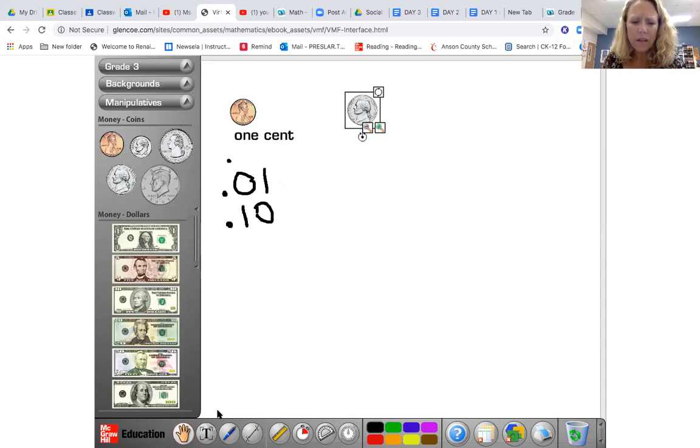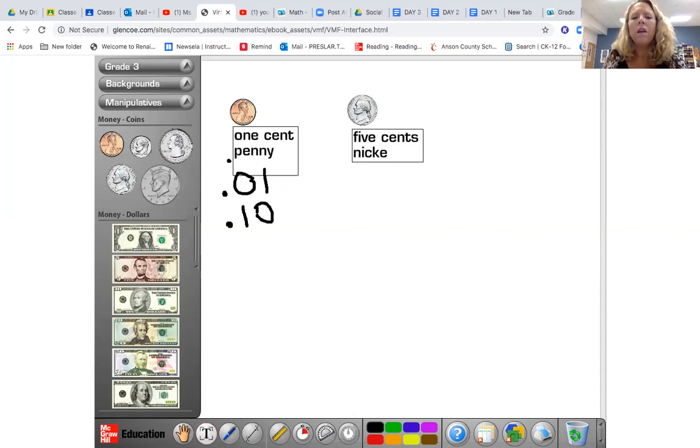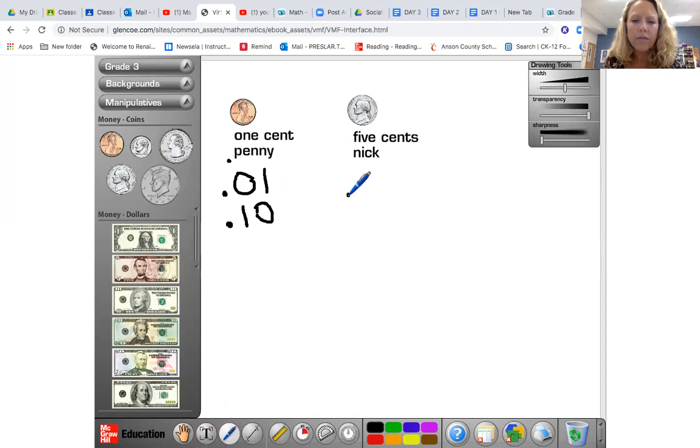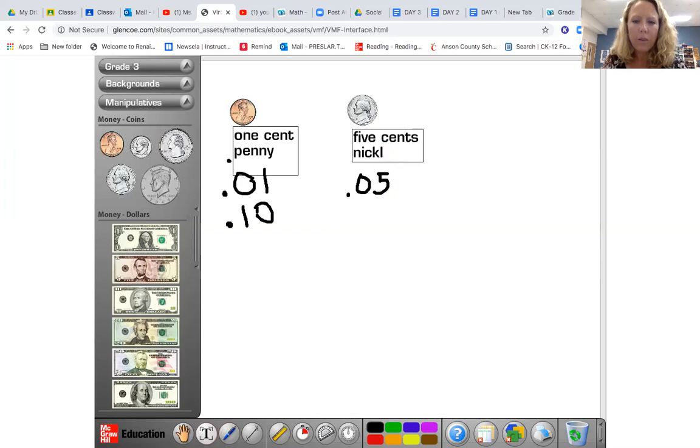The next coin is the nickel. And this nickel is worth 5 cents. It would be equivalent to 5 of these 1 cent pieces or these pennies. We have 0.05 as the amount that your nickel is worth.